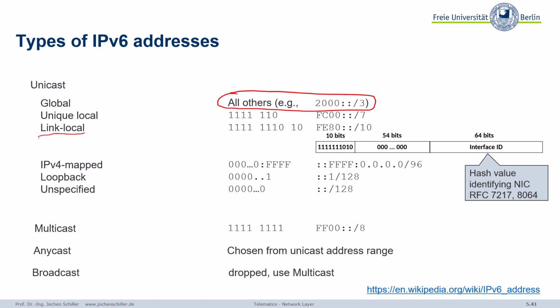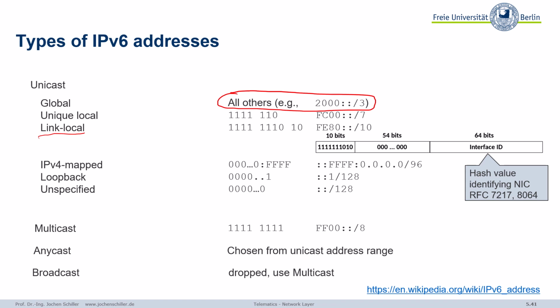Now the interesting part is that the host can compute and assign the interface identifier by itself, without the presence or cooperation of any external network component, like, as we'll learn later, a DHCP server. And the process is then called link local address auto-configuration.